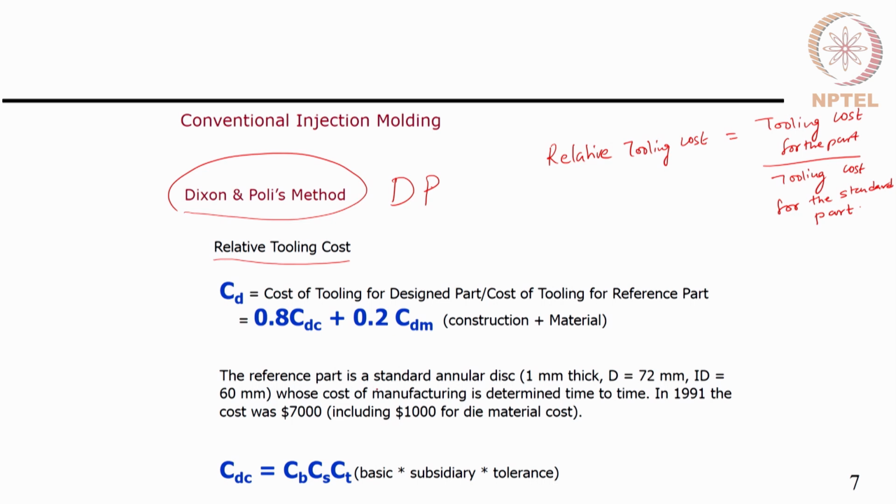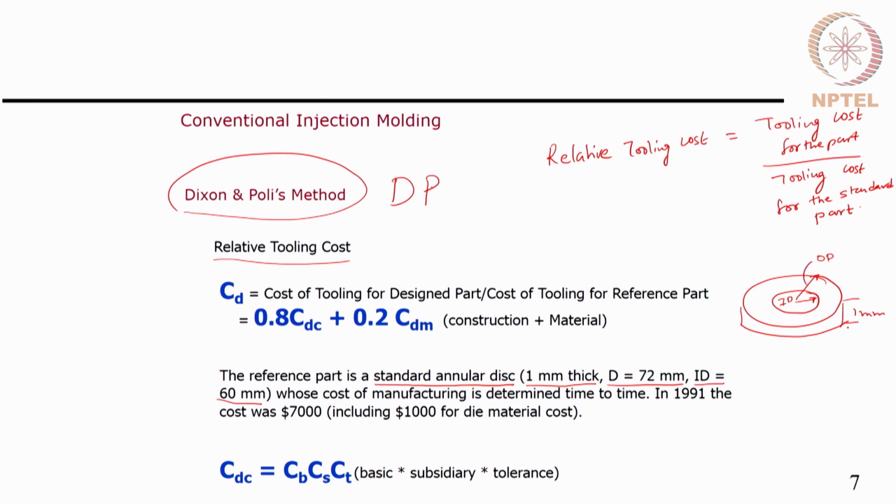The standard part is an annular disc which is 1 mm thick with an outer diameter of 72 mm and inner diameter of 60 mm. So, this is 1 mm, this is the ID and this is your OD.